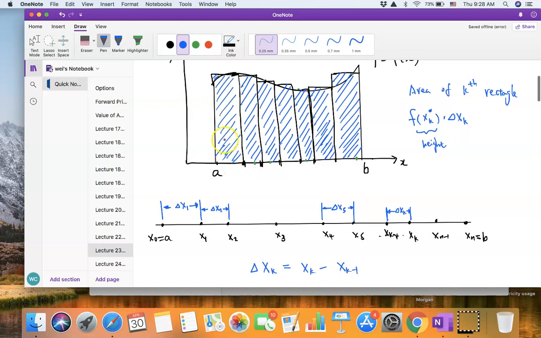Like the area of the first rectangle is f of x1 star times delta x1. So x1 star is a random point on the first subinterval. This point can be A, it can be x1, and it can be any point between A and x1.